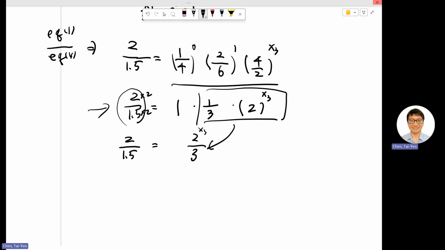One way is to multiply 2 on the top and bottom at the same time. The other way is to just multiply by 3 on both sides. If you do that, this will cancel out and this will give you 2, therefore this will give you 4, and then 2 to the x3 power. Therefore, you can figure out x3 is going to equal 2. Is it more straightforward? I guess.